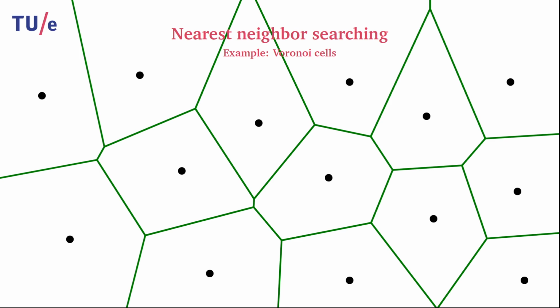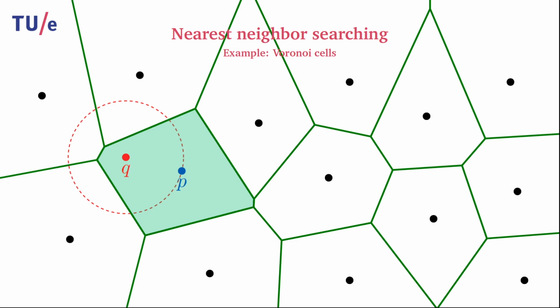If we can store these Voronoi cells efficiently and query them efficiently, then given a query point, we could first look up in which Voronoi cell it is located, and from this we would conclude that the point in the dataset in this Voronoi cell must be the closest one. So in that case, we would quickly find that this point P here must be the nearest neighbor in the dataset.